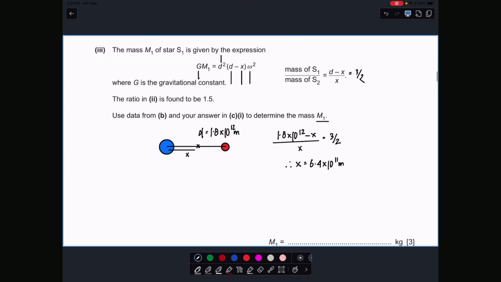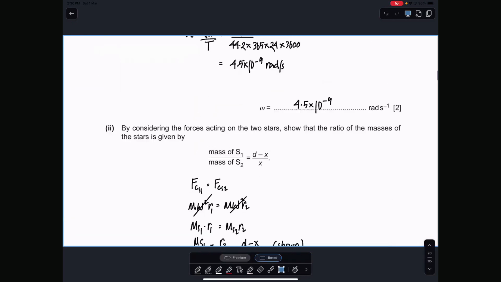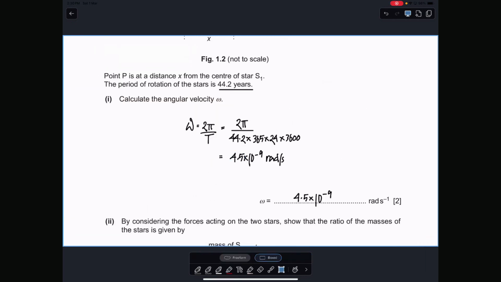So G is 6.67 into 10 to the power minus 11 into m1 equals D squared. D is 1.8 into 10 to the power 12, squared, into 1.8 into 10 to the power 12 minus 6.4 into 10 to the power 11, into omega square. Omega is going to be that thing that we saw here.